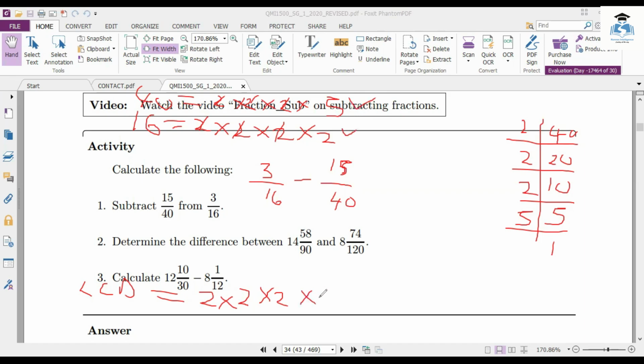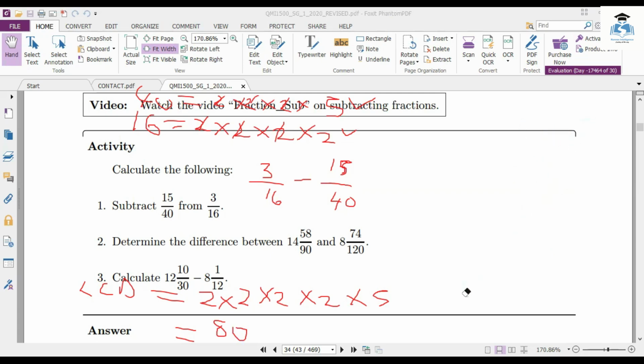So times 2 times 5. That's how you look for the lowest common multiple. So 2 times 2, 4. 4 times 2, 8. 8 times 2, 16. 16 times 5, that's 80. So that's how you look for your lowest common denominator. That's 80.